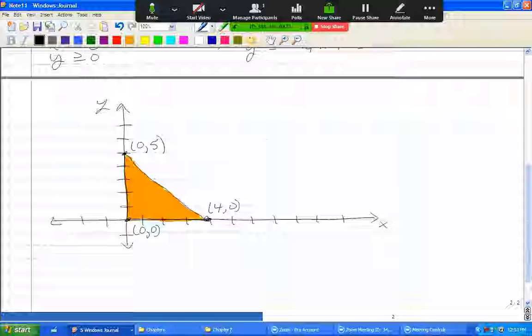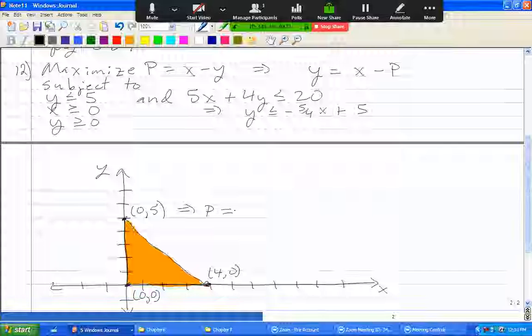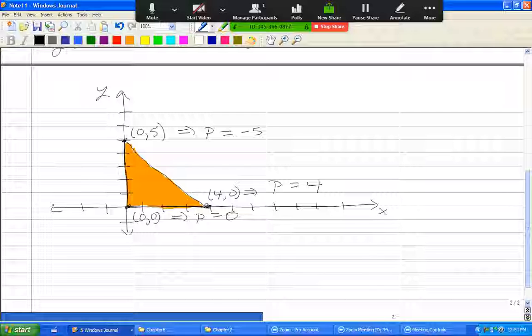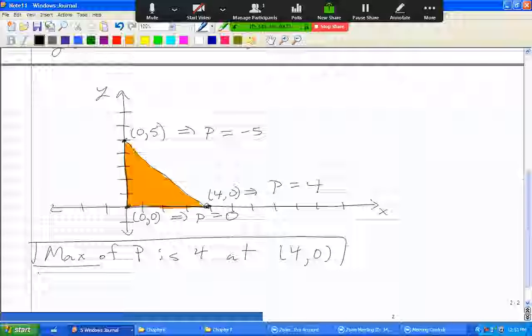So let's figure out the value of P at each of those. 0 minus 5 is negative 5. 4 minus 0 is 4. 0 minus 0 is 0. And I want to maximize it. And so the maximum of P is 4 at 4, 0. Sorry, I missed the constraint.